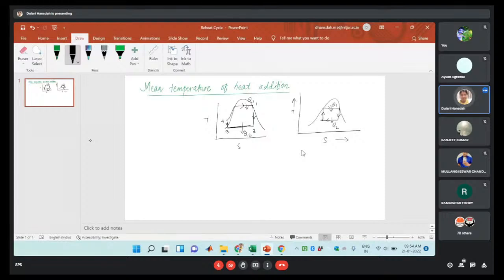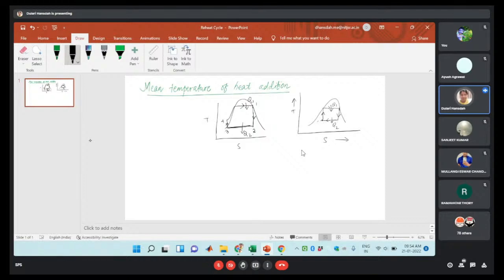Here in this case, if you observe, the compression will handle both phases of the substance. That means here it is a liquid and vapor mixture. Within this vapor dome, there will be a liquid vapor mixture. So it is quite difficult to handle the two phases of the substance to compress, right?